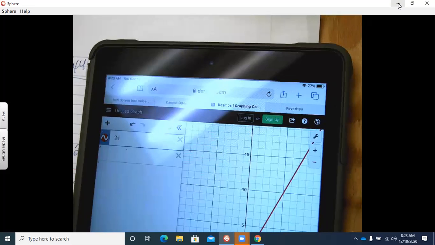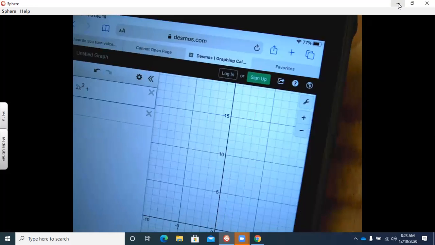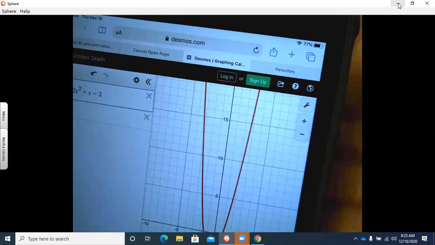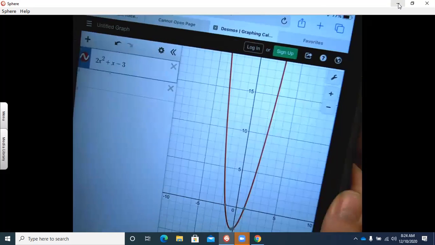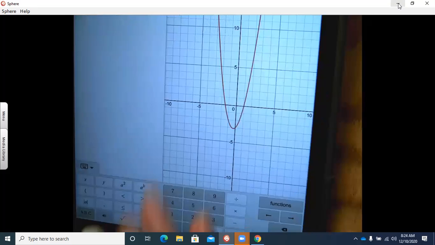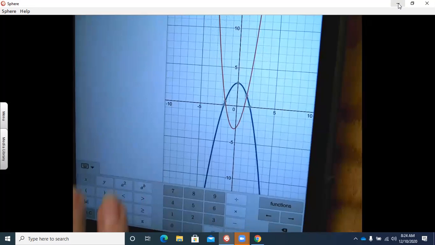When I pull up Desmos on the computer, oh, 2x squared, duh. 2x squared plus x minus 3. Okay, so there's the graph of function f, parabola, and function g, negative x squared plus 3x plus 4. Probably not making for a very pretty video. What can you do? So negative x squared plus 3x plus 4.